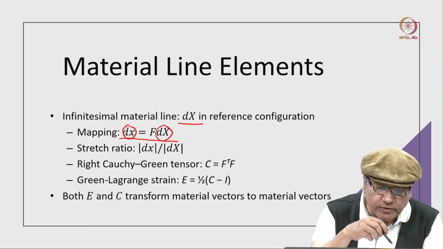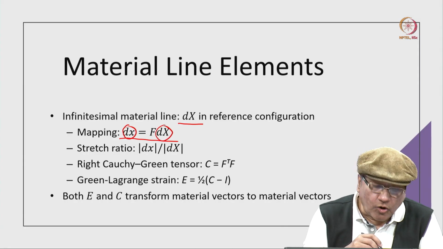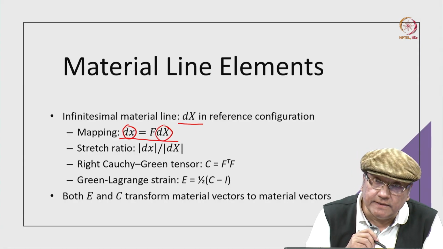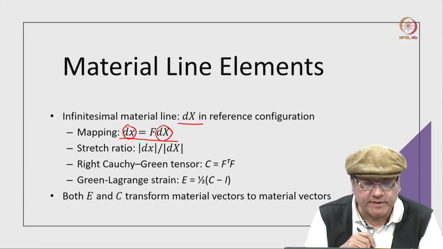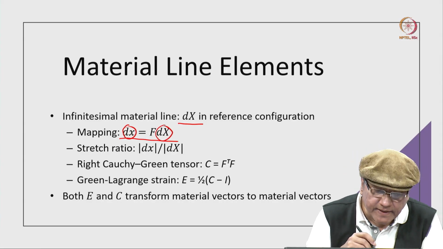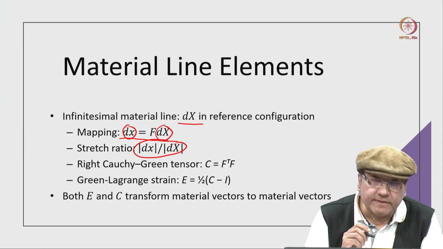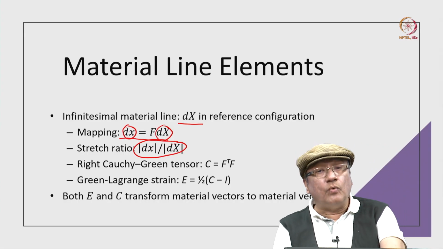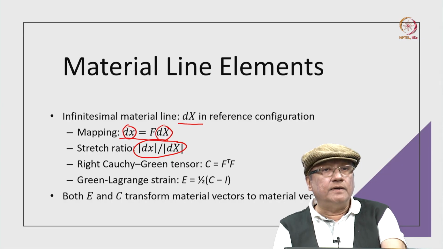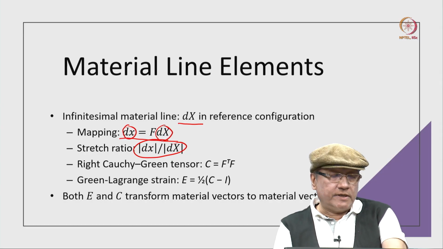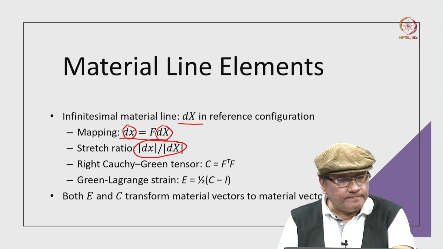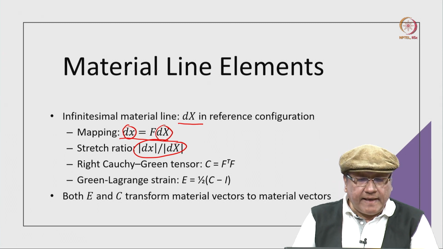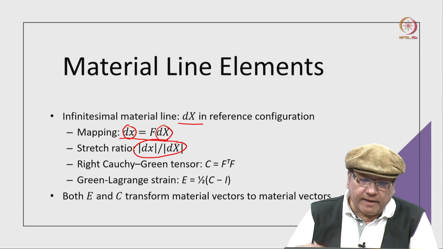The stretch ratio is given by the modulus of the vector dx divided by the modulus of the vector dX. Recall that the stretch ratio is 1 when we have purely rigid body motion.